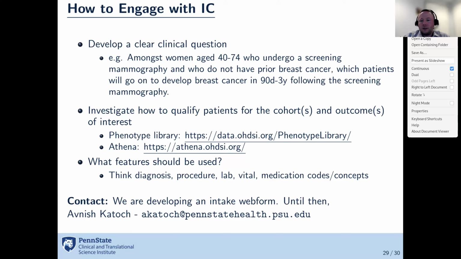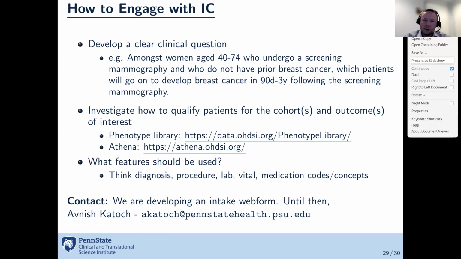So you can directly type in strings and see what standard concepts show up in the Odyssey OMOP vocabulary, and start to think about how you can qualify patients based on those standard concepts. And then from there, it's really just mapping those and plugging those into some of the packages available through Hades, once we know how to qualify patients and the different timelines and thresholds that are relevant.